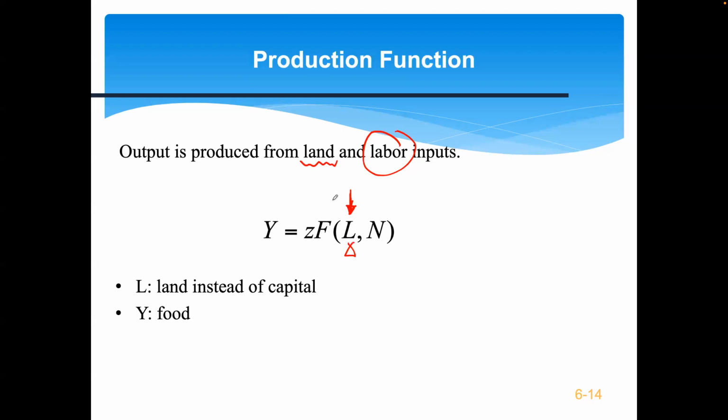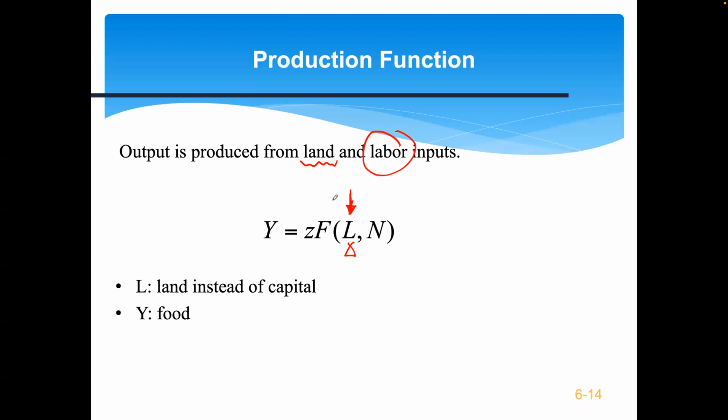Later, in the next lecture, when we study the Solow growth model, we are going to use capital instead of land, since modern economy relies on capital instead of land for production. Capital is fundamentally different from land in a very crude sense: you can use capital to produce capital, but you cannot use land to generate more land. That's a crucial difference.